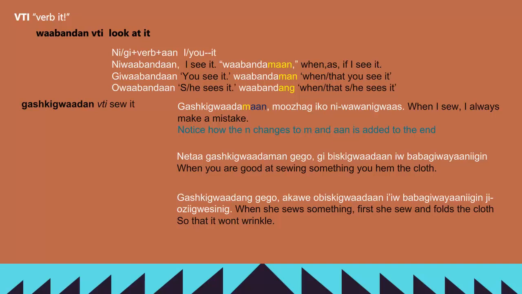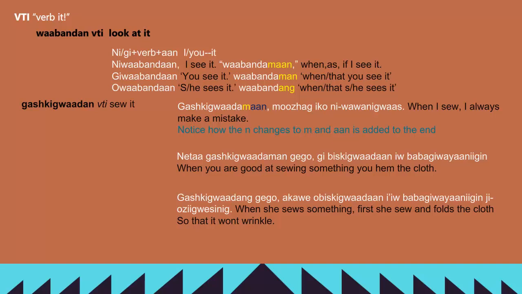But if you're going to use B form and you want to say when I see it, then you would say wabandaman. And then if you wanted to use B form to say when you see it, you'd say wabandamun. And if you want to say when or if he or she sees it, for ween, you'd say wabandung.